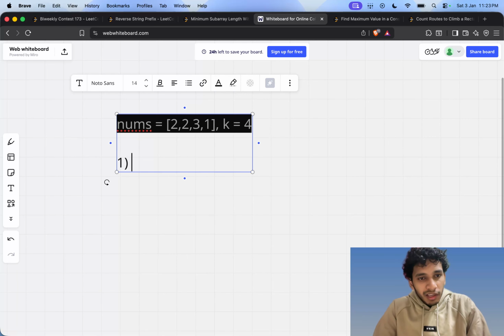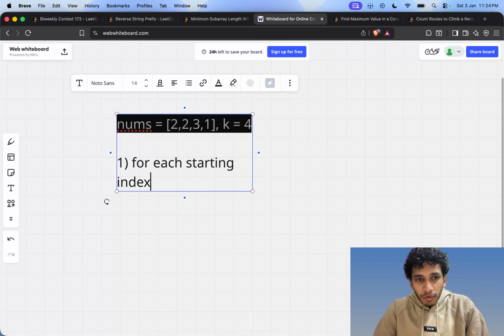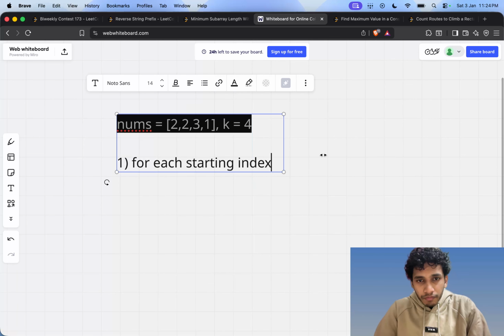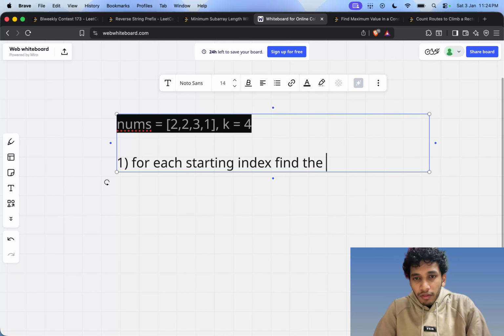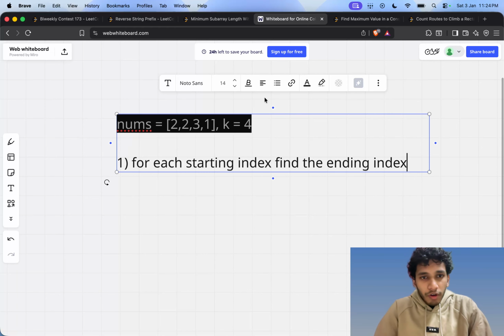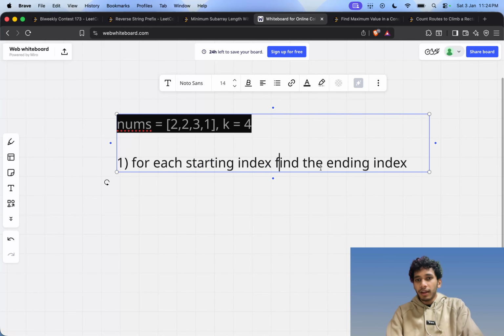So the key idea here for solving this basic problem is, for each starting index, find the ending index. Alright, what do this starting index and ending index mean?